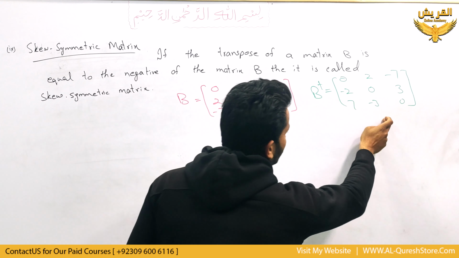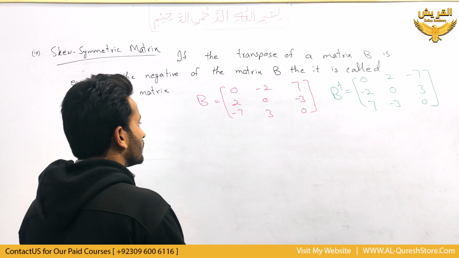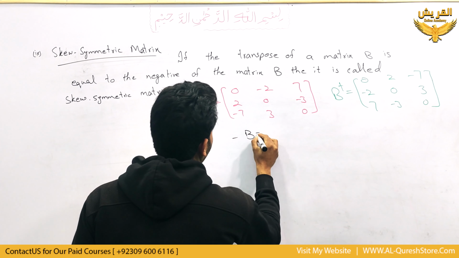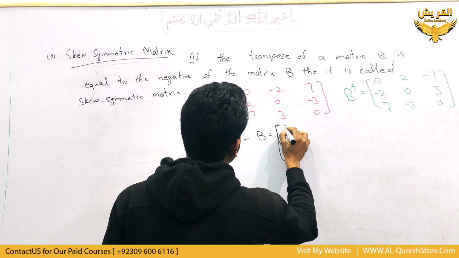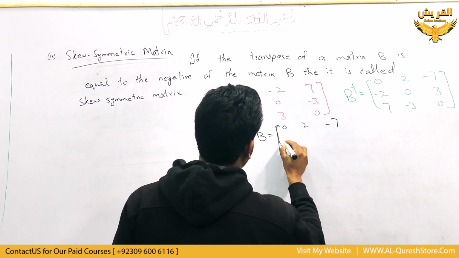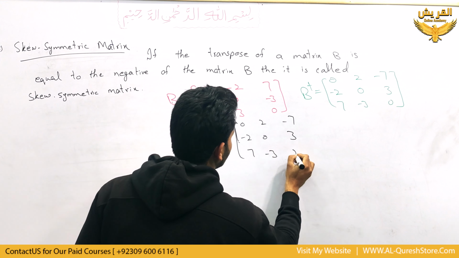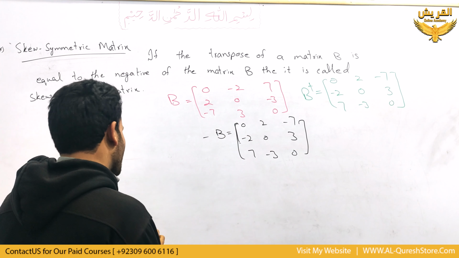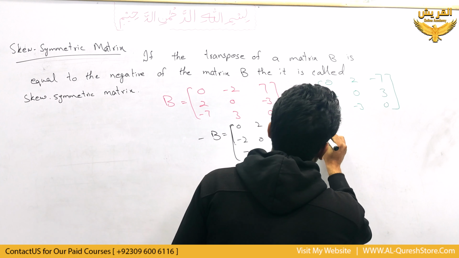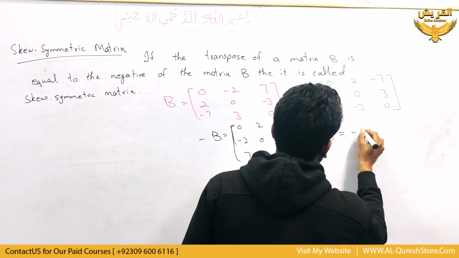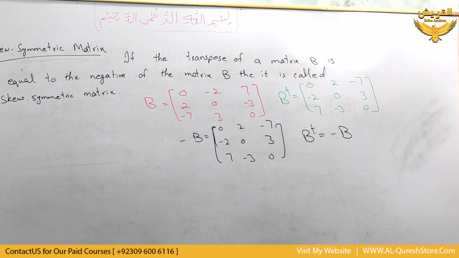We can see there B transpose is equal to minus B, as we can find the negative of matrix B. So minus B and B transpose are equal. That's why it is called a skew-symmetric matrix. This is an example of a skew-symmetric matrix.